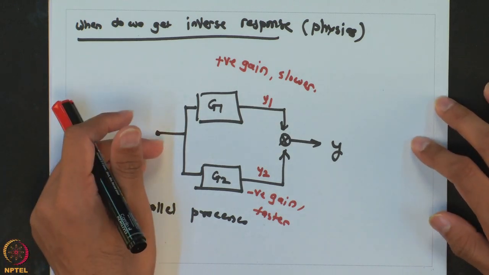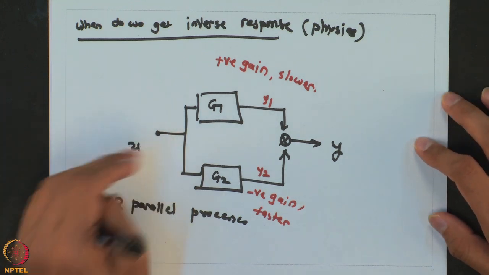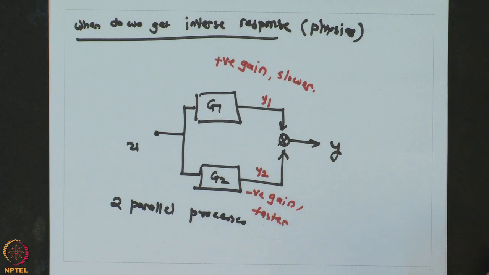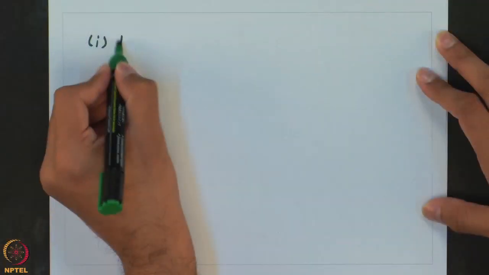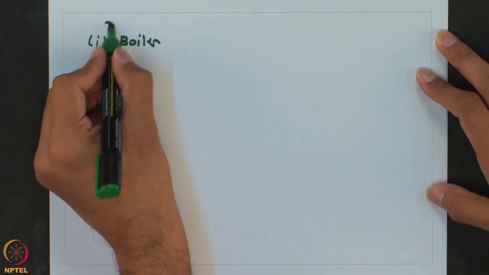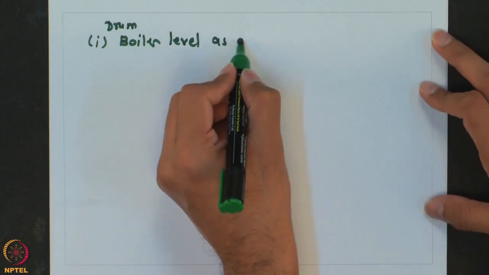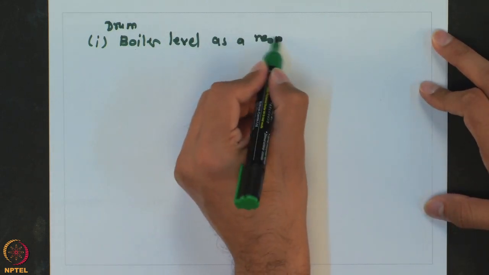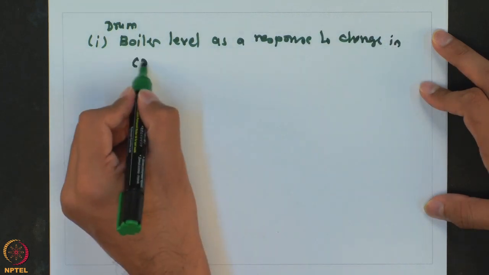So, any physical system which is going to give you inverse response is going to have these kind of parallel processes which are happening. So, if I want to give you some literature examples, the very common system which gives inverse response is the drum boiler level as a response to change in cold feed water.